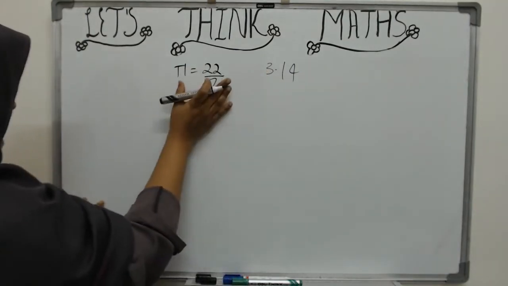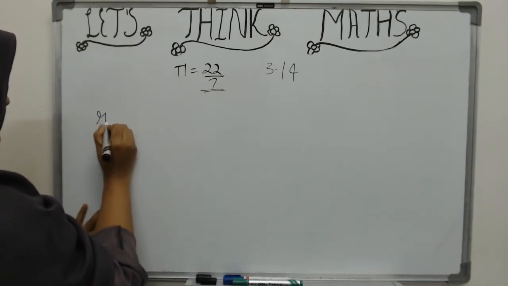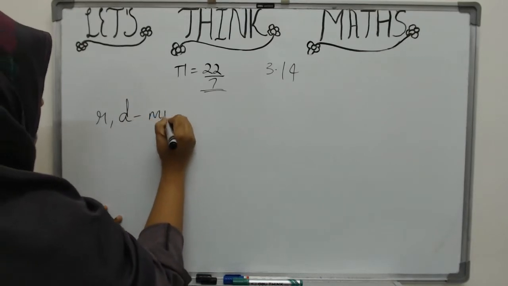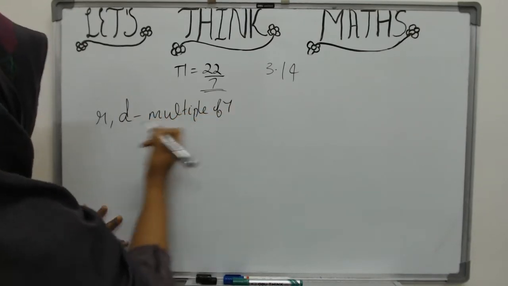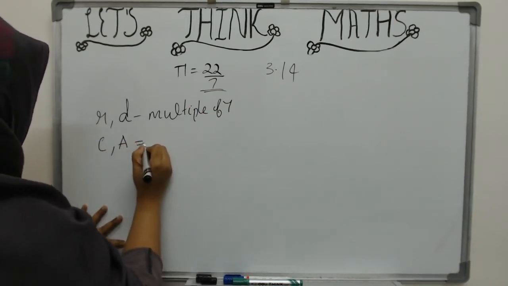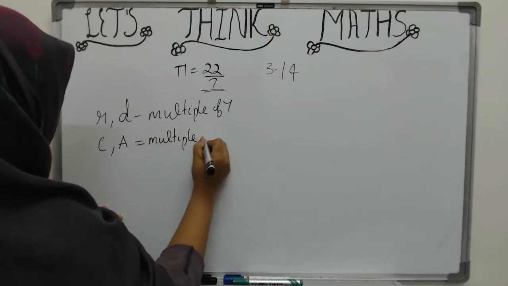You will take the value 22 by 7 in two cases. One, if the radius or the diameter is a multiple of 7, or the circumference or the area is a multiple of 11.